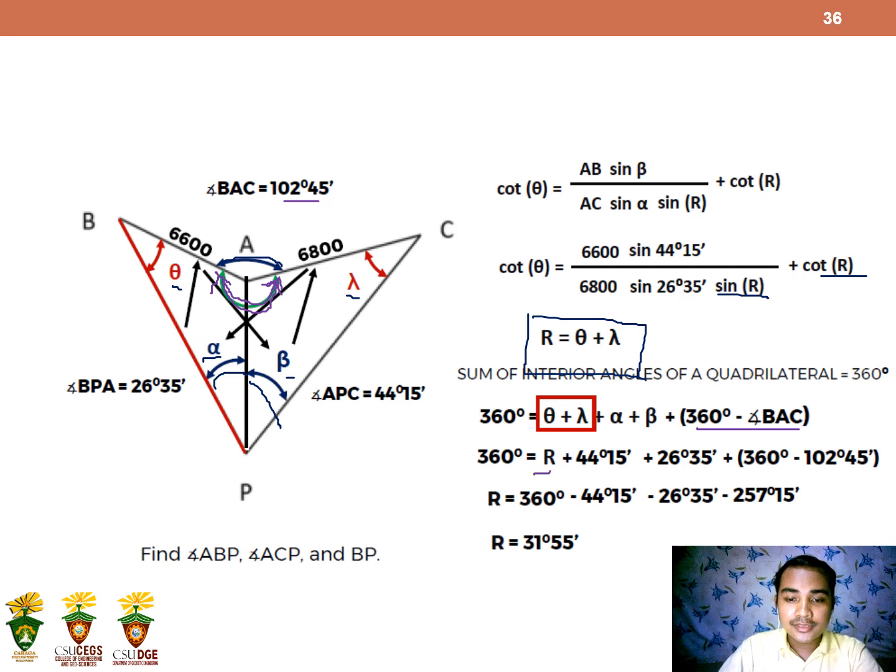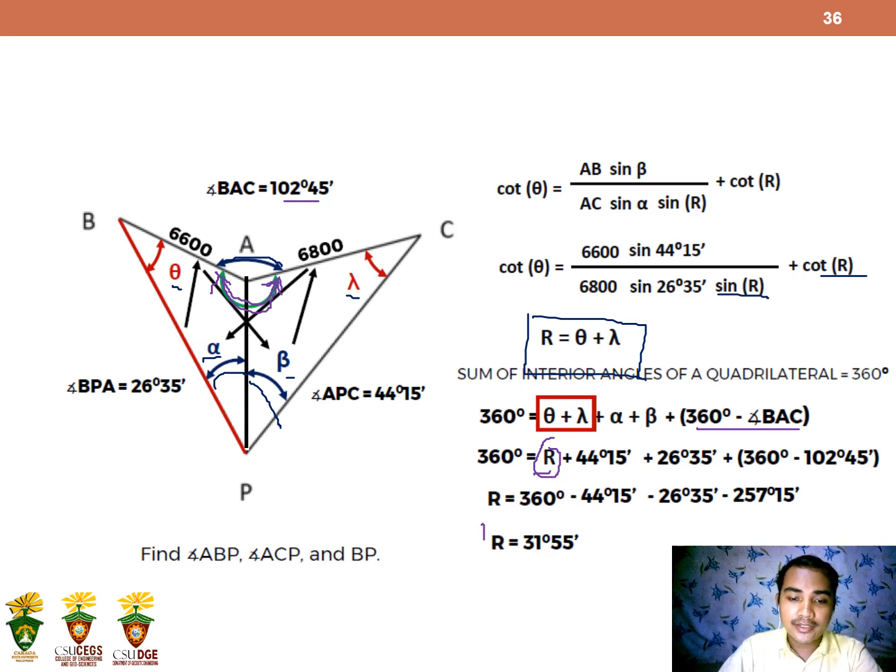And now we equate it to 360 degrees, and the remaining variable is R. So we have R is equal to 360 degrees minus 44 degrees 15 minutes minus 26 degrees 35 minutes minus 257 degrees and 15 minutes.